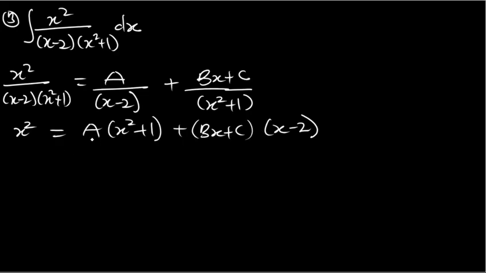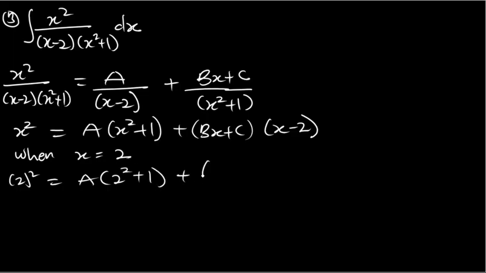So when we want to get the values of a, b, and c, when x is equal to 2, this will run to 0. When x is equal to 2, that means 2 squared equals a times 2 squared plus 1, plus b times 2 plus c, times 2 minus 2.